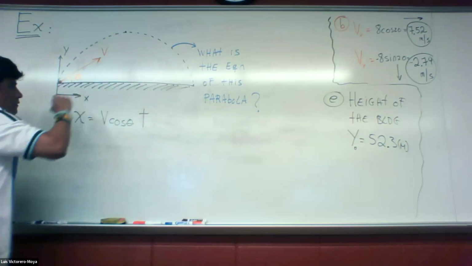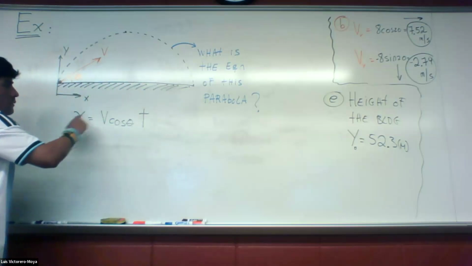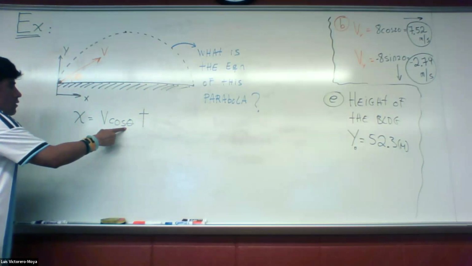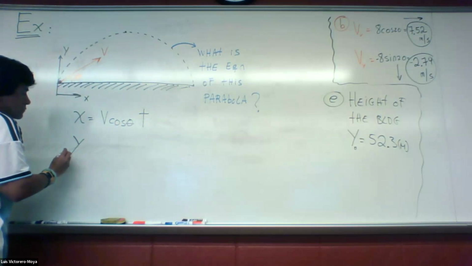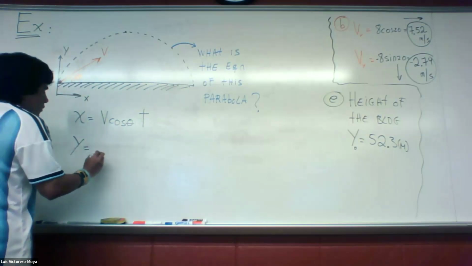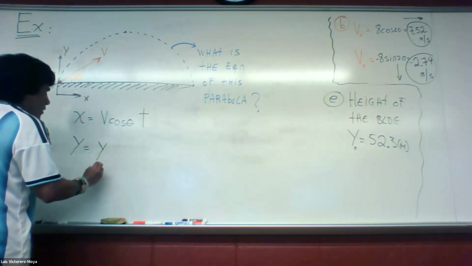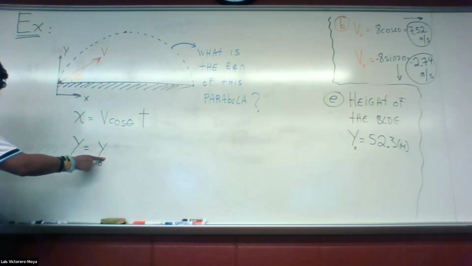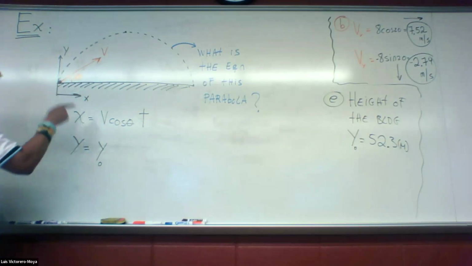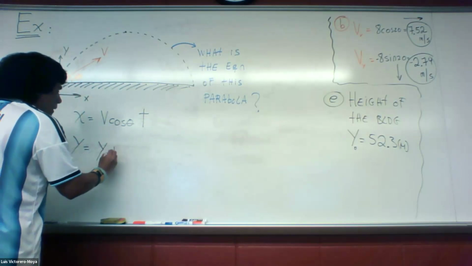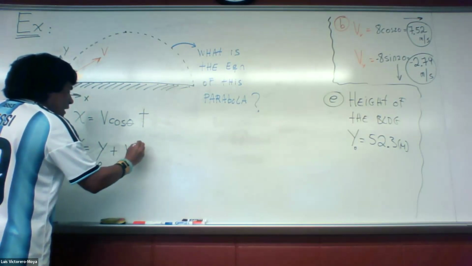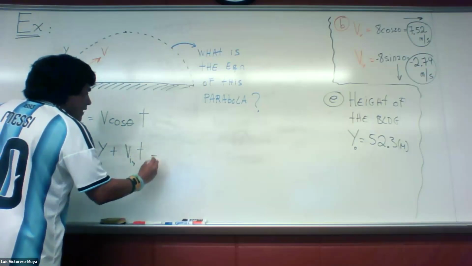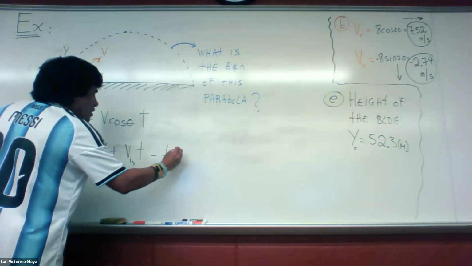That's the x. It's a function of time, and also of the angle. But the angle is just there. And then y is your y initial, which can be 0. In that case, it will be 0. But let's leave it like that. Plus v initial on y times time minus 1/2 g t squared.